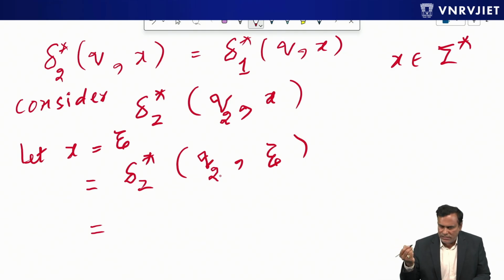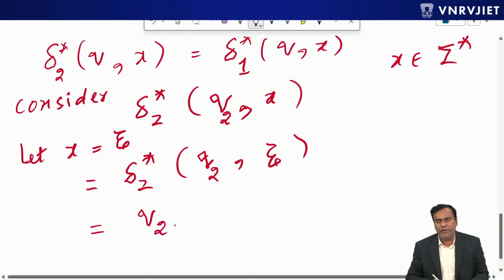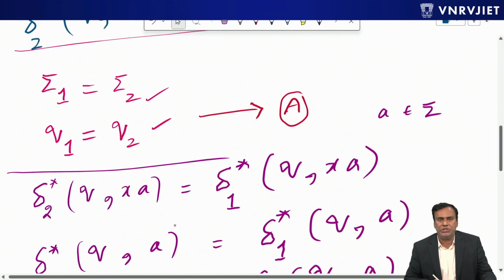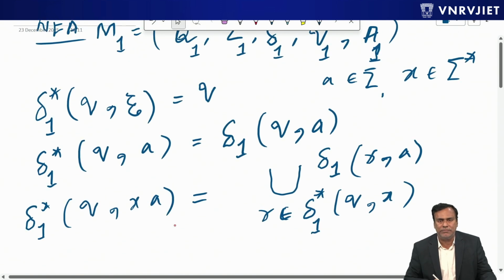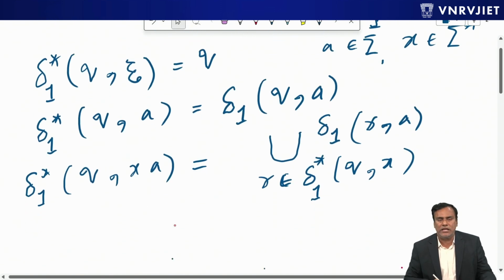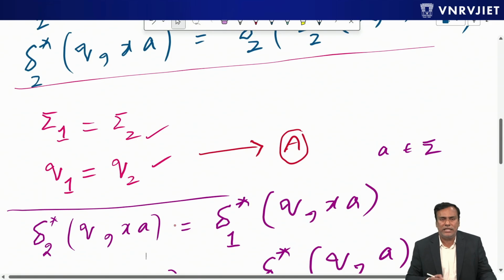There you have delta, here you have delta 2. So this can be rewritten as Q2. And you came to know that Q2 is equal to Q1. That is, the start state for the NFA and DFA is the same. That is the conclusion I made, and I gave it an equation name, A: Q1 is equal to Q2.